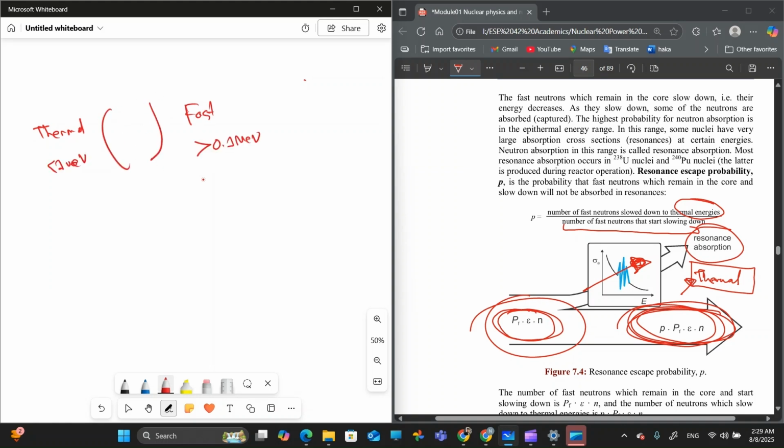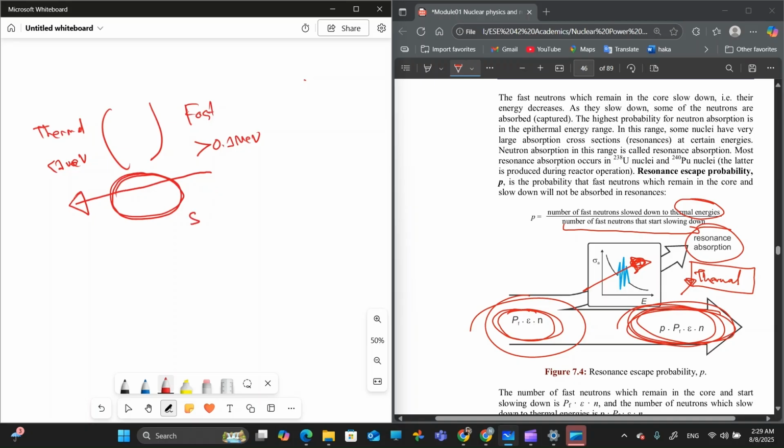So as the neutrons are slowing down to thermal neutrons, in this mid journey some of the neutrons are absorbed by the core, which is called resonance absorption.